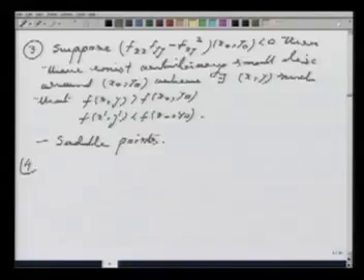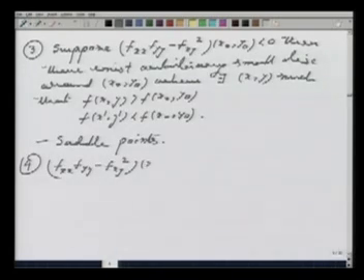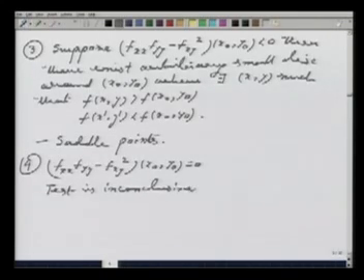Fourth is what happens if D is equal to 0. We will see in examples that this means the test is inconclusive. That is, if this quantity turns out to be equal to 0, then you just cannot say anything.